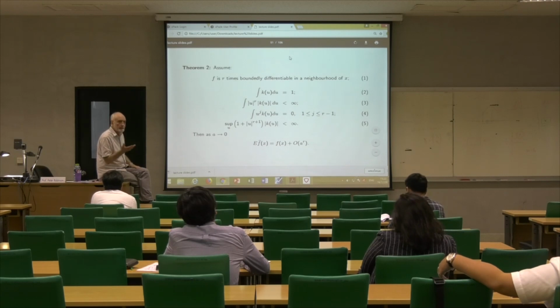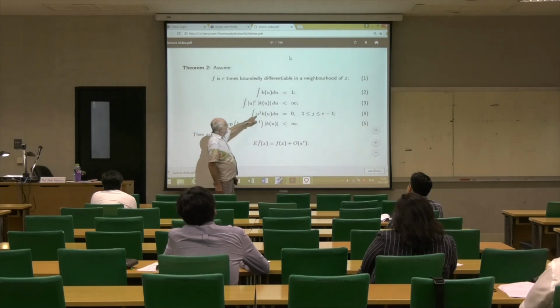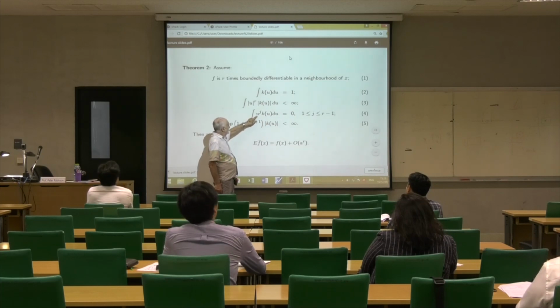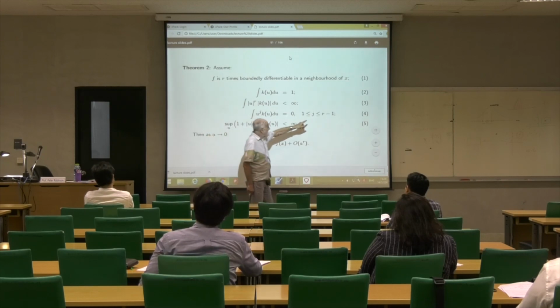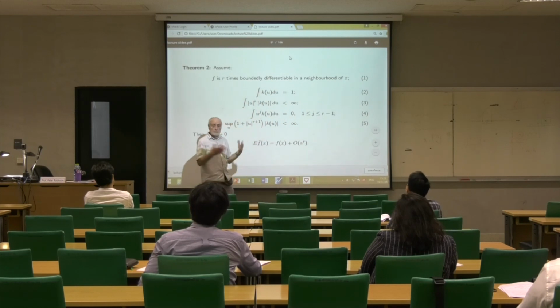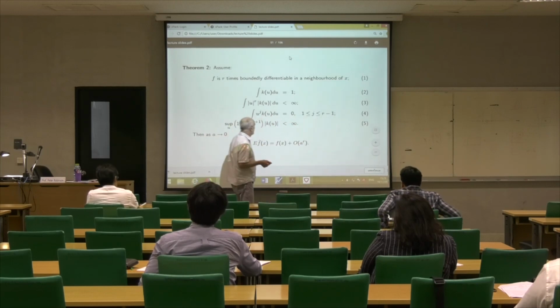Now, we can exploit this in order to get estimates with smaller bias, so long as we choose the kernel suitably. We choose the kernel to satisfy this property for each j going from 1 up to r minus 1. So let's suppose r is equal to 6. You say, let's choose a sixth order kernel, so to speak. This has got to be true for all j between 1 and 5.